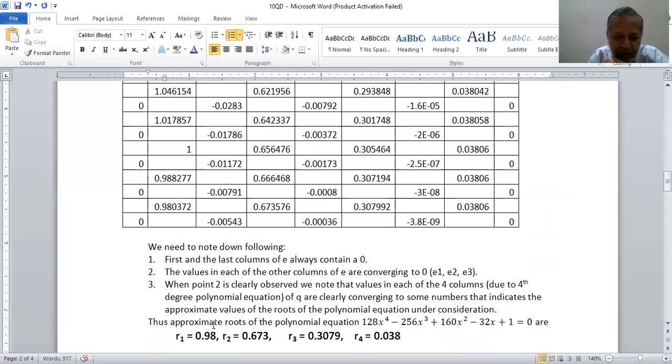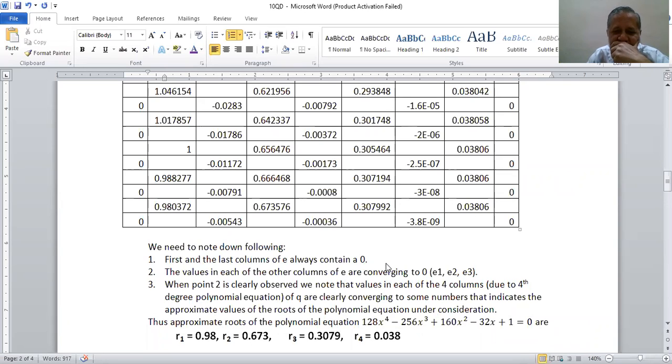So, thus approximate roots of this polynomial equation are 0.98, I take 2 decimals, 0.673, 0.307, and 0.038. This is how we draw conclusions from this table.